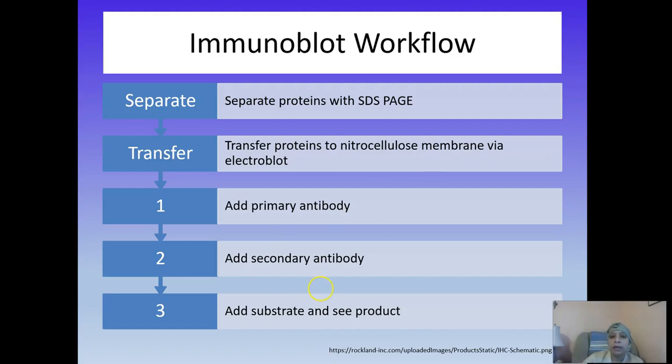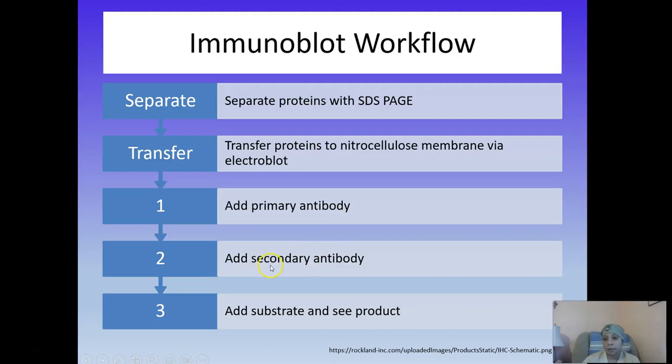So if I'm using an anti-mouse primary antibody, then my secondary has to be anti-mouse, right? So if I'm using anti-galectin-3 made in mouse, then I'm using anti-mouse secondary. If I'm using galectin-3 antibody made in rabbit, then I'm using anti-rabbit secondary.